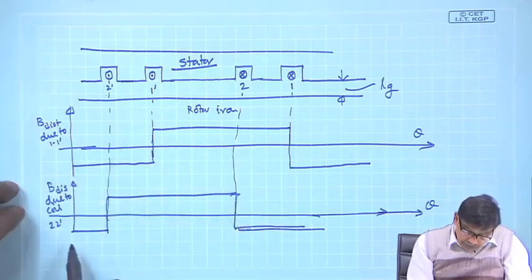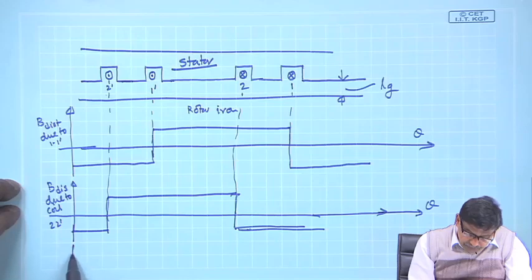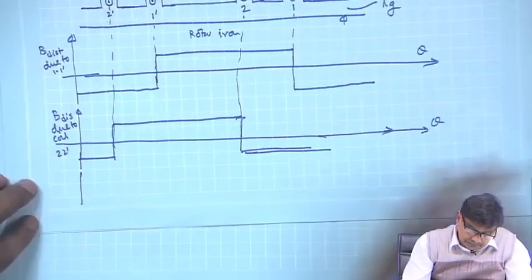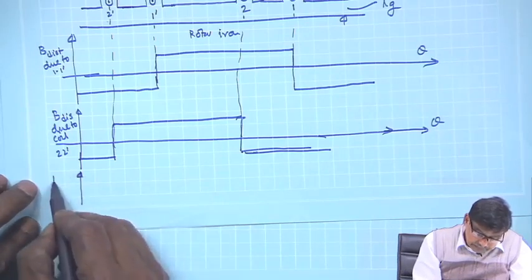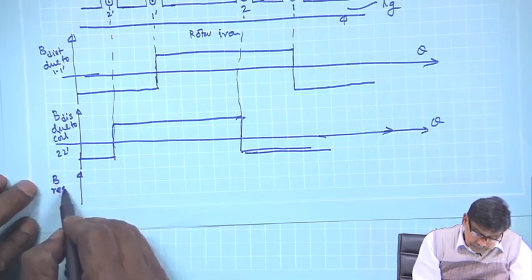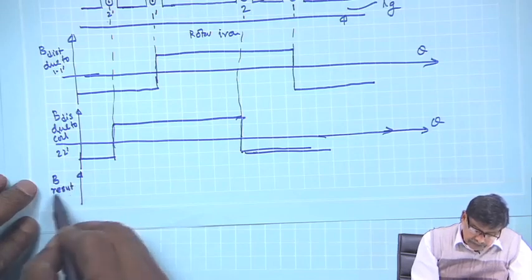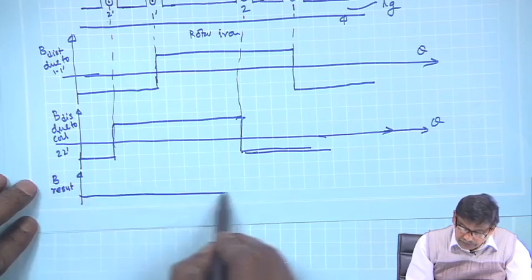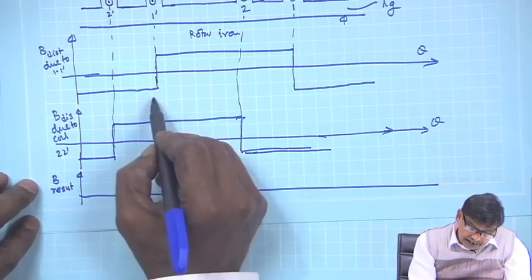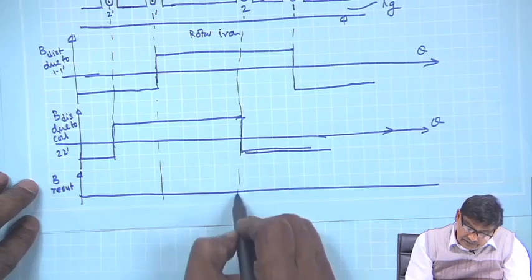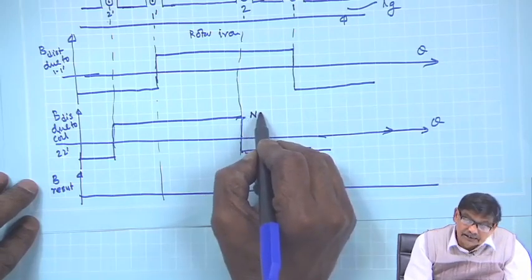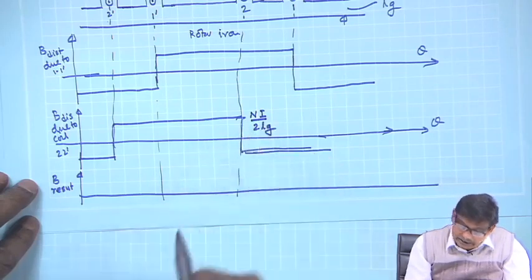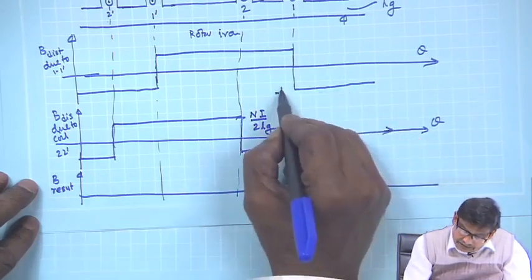Now, what I will do? I will add these two waveforms to get the resultant, that is all. B due to both 1 1 dashed and 2 2 dashed, that is what I am going to do. So, here in this zone you can see, suppose this is N I by 2 L G, and minus N I by 2 L G is this level.